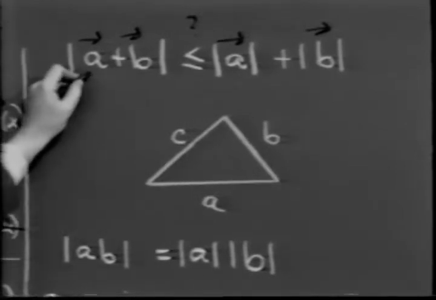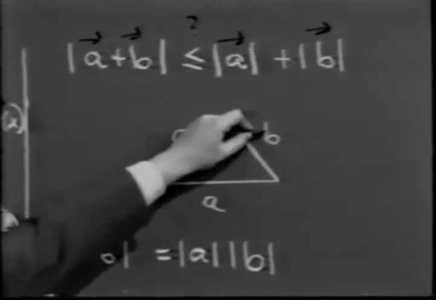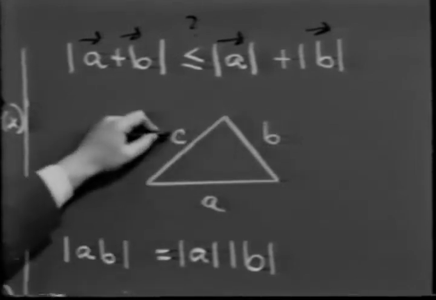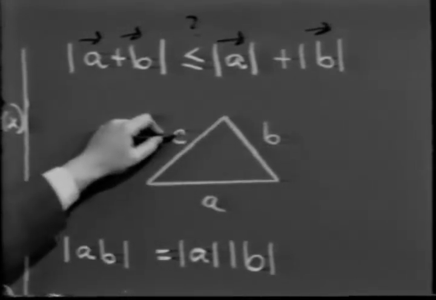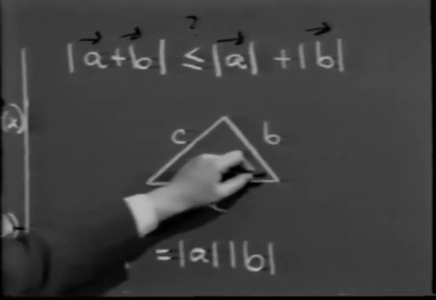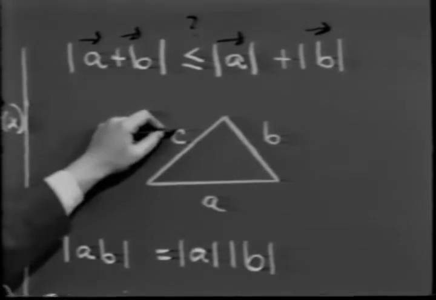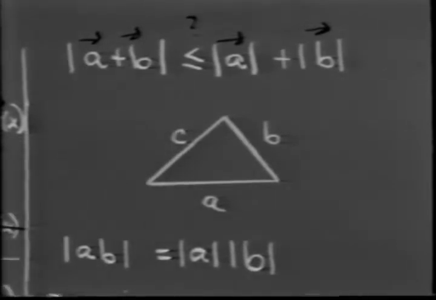By the way, this does happen to be true in vector arithmetic, and it happens to be known as the triangle inequality. The reason for that is if I draw a triangle calling two of the sides A and B respectively, and the third side C, we do know from elementary geometry that the sum of the lengths of two sides of a triangle is greater than or equal to the length of the third side of the triangle.